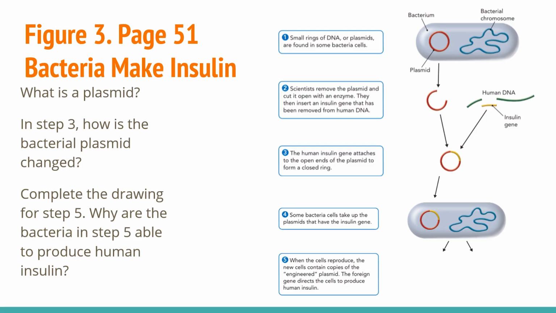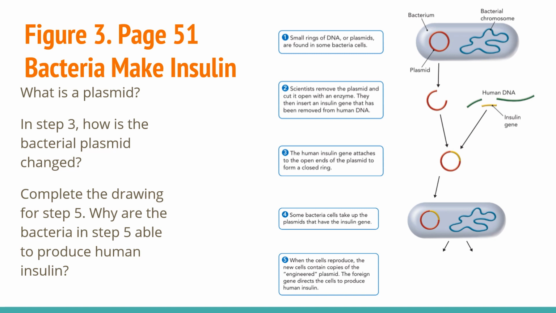So, if we look over here at our bacterium, when it goes down, it shows the section of our plasmid ring being broken off. We take the human DNA and the insulin gene, separate it, and insert it into the section that we have removed from the plasmid ring.